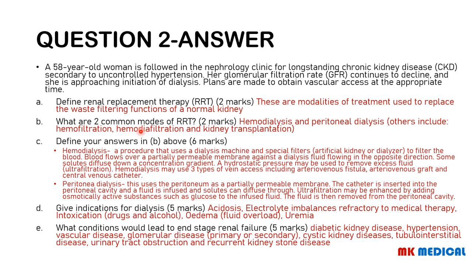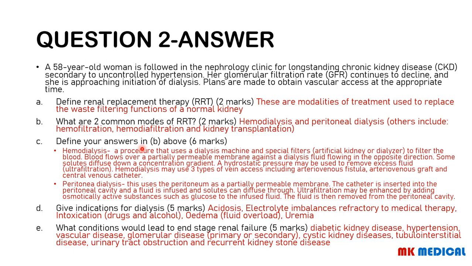Now, with hemodialysis, you're going to have this special machine, known as a dialysis machine, which has special filters. We can refer to it as an artificial kidney or a dialyzer. This is simply going to filter the blood. So blood is going to be flowing over a partially permeable membrane against another fluid flowing in the dialysis machine in the opposite direction, kind of like in the kidneys, where you have the blood going through the glomerulus and then filtering out and being carried out by the renal tubule.